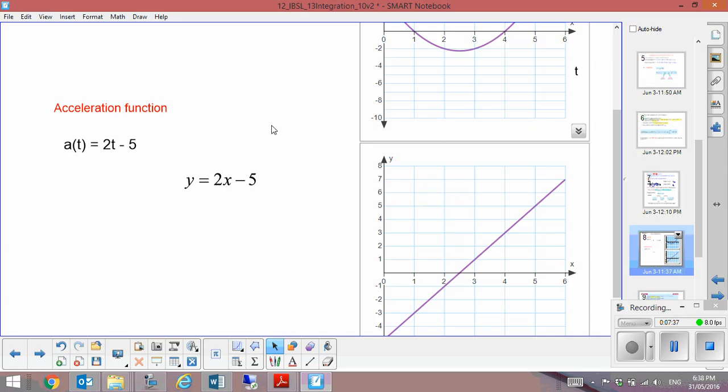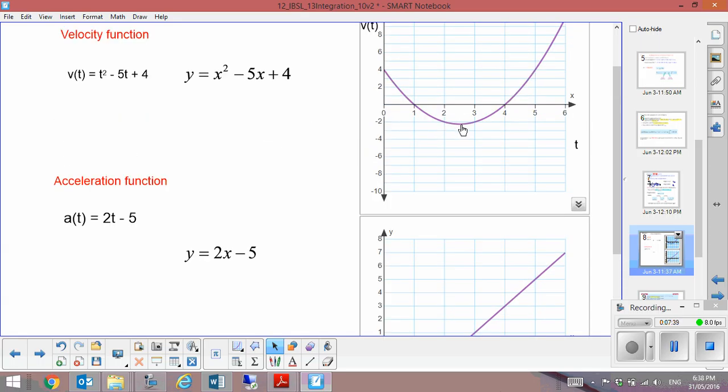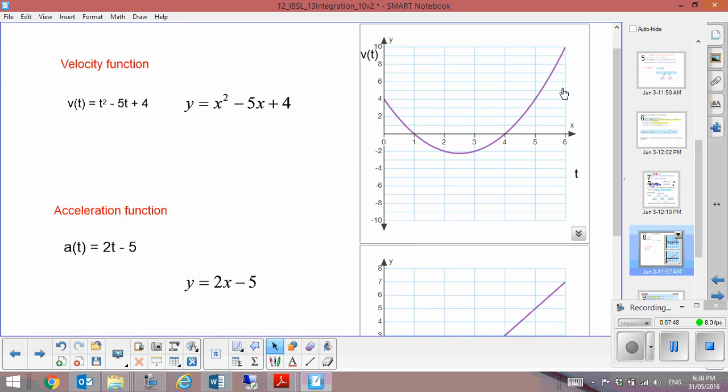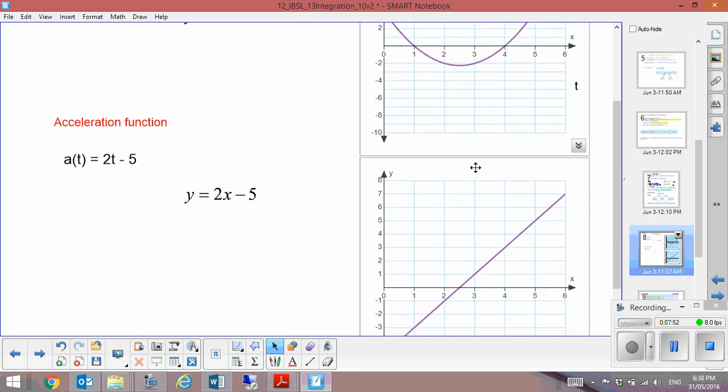Then here is our minimum velocity, and it's a turning point, so that's our acceleration equal to 0. Then over here, we have a positive slope going up, so the positive value for the acceleration is saying that we have an increase in velocity.